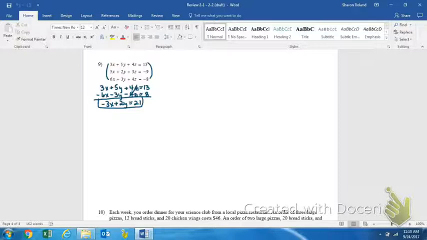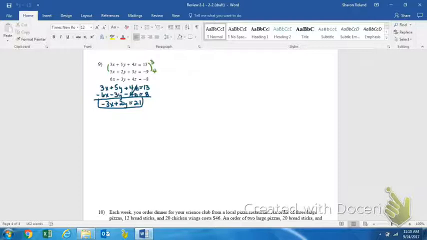Okay, so the next ones we're going to eliminate is, I have to use the middle equation because I haven't used it yet. And so I'm going to do the first and these two. In order for the z to eliminate, I have to multiply everything up here by 3 and everything down here by 4.